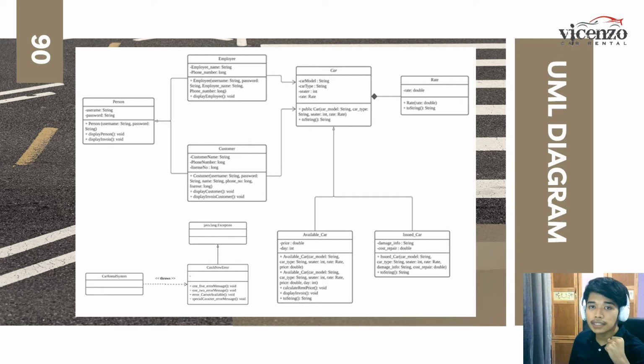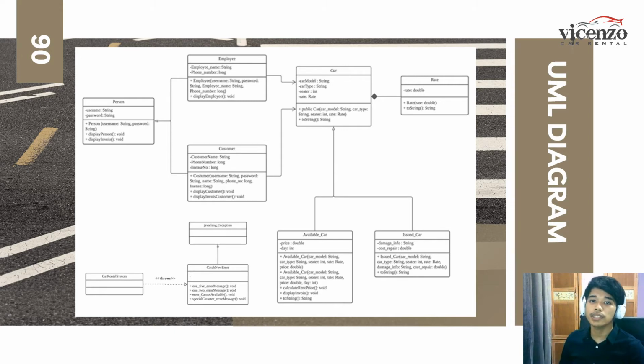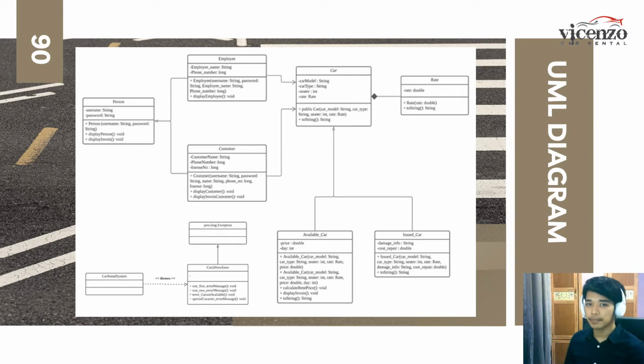For customer, if customer wants to book a car, customer must choose the car that customer wants, and then key in the number of days that customer wants to book, and then system will display the price. If employee wants to add issues car, employee keys in damage info and cost repair.